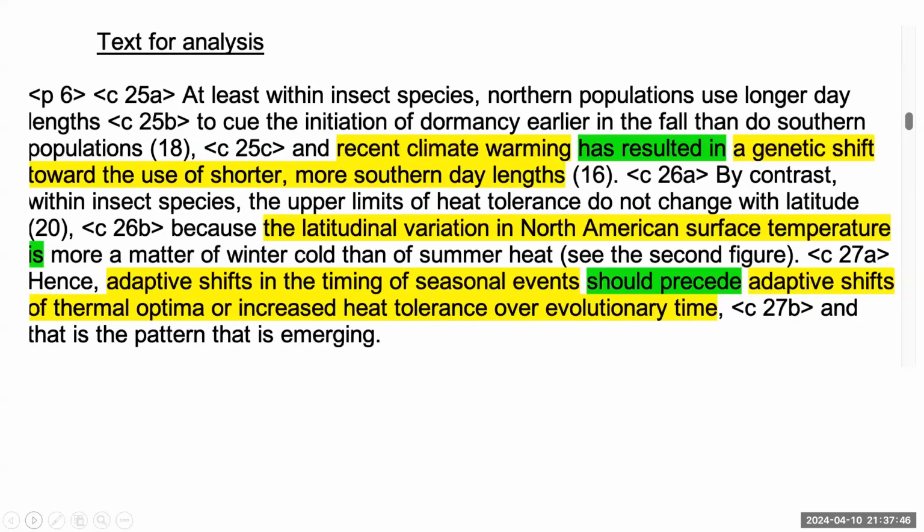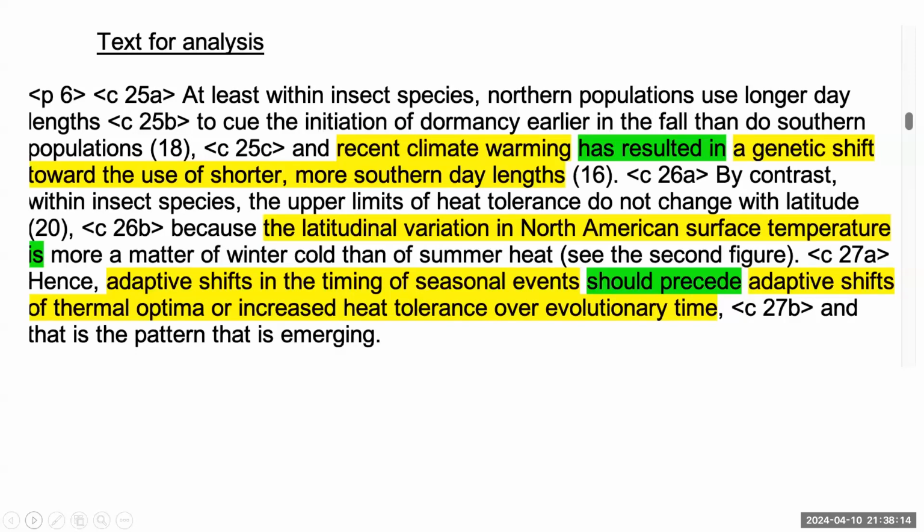So we have "recent climate warming has resulted in..." And that's exactly what Halliday was describing in terms of the language of science. Recent climate warming has resulted in, using a verb to connect up the two, a genetic shift toward the use of shorter, more southern day lengths.